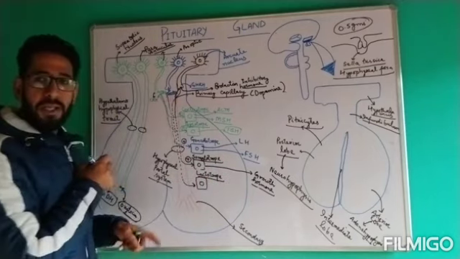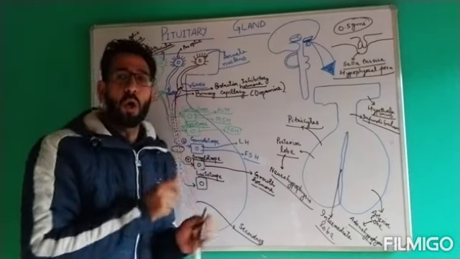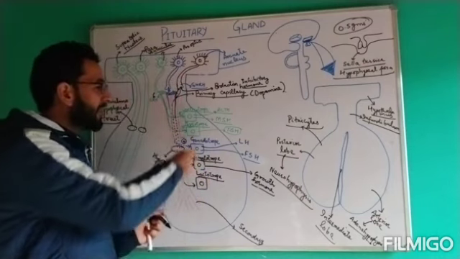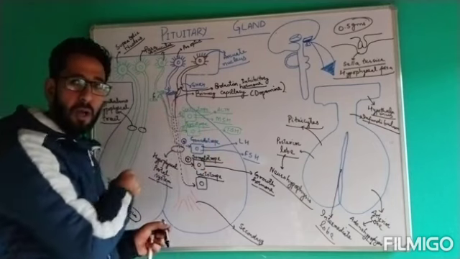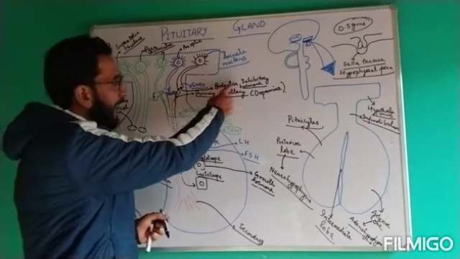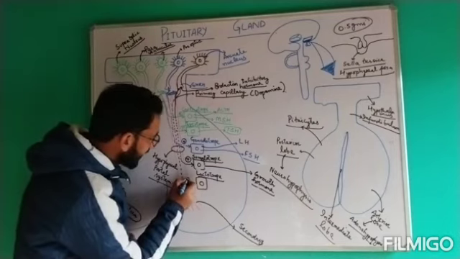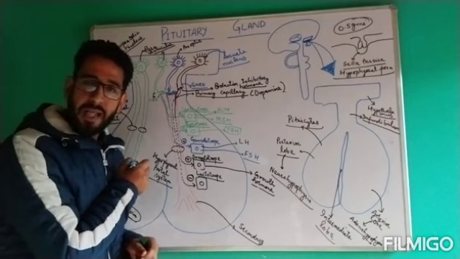But please concentrate here. The prolactin inhibitory hormone acts on the lactotrope, but the action is not like the others. Those cells were stimulated by their hormones, but as the name indicates, this prolactin inhibitory hormone will inhibit the lactotrope.